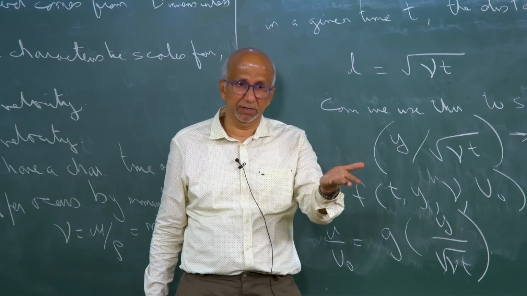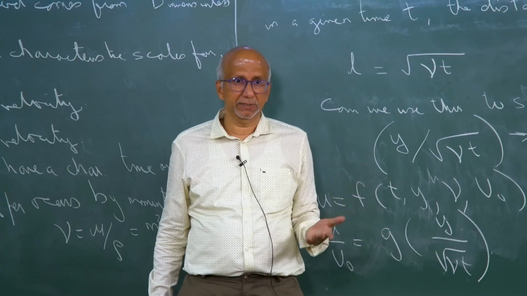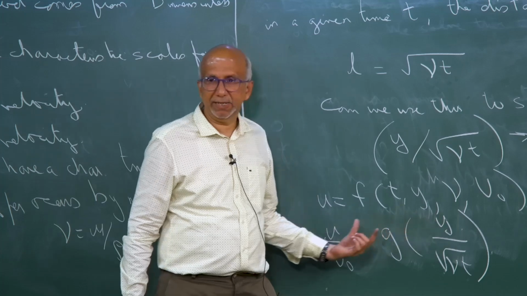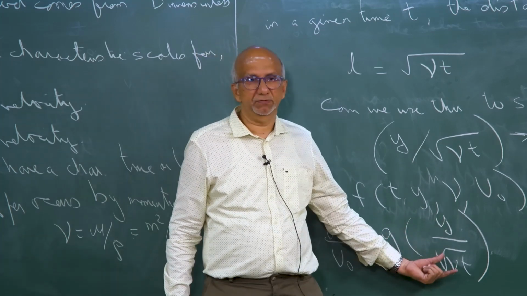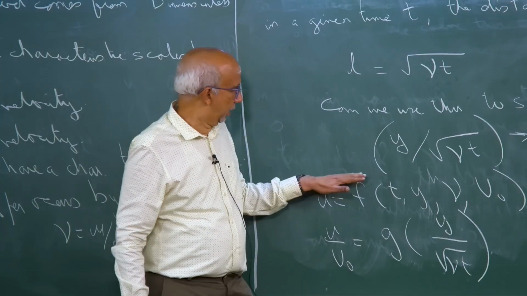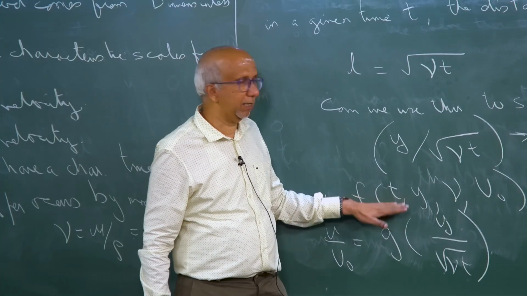That is the reason. Why is this problem special? Because this problem does not have any characteristic length scale or time scale. Okay. So, this is dimensionless. I am saying this dimensionless group, is it a function of this dimensionless group? So, that is the argument we are making.